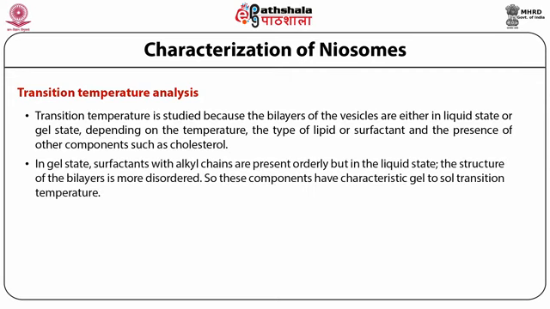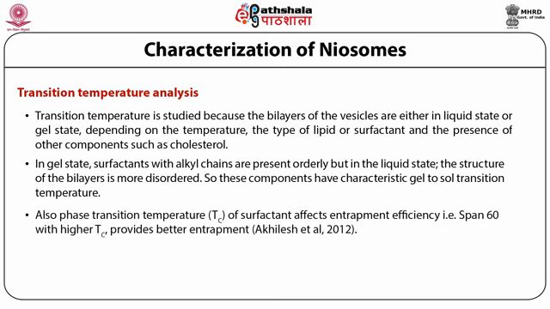In gel state, surfactants with alkyl chains are present orderly, but in the liquid state, the structure of the bilayers is more disordered. So these components have characteristic gel to liquid transition temperature.